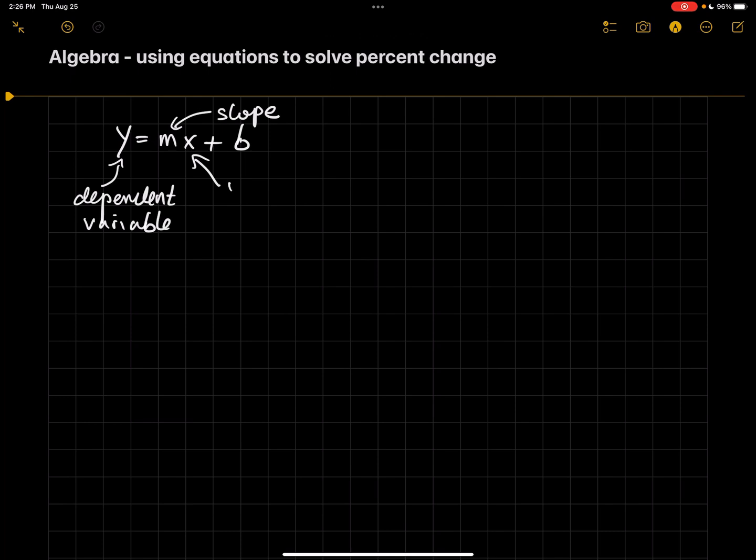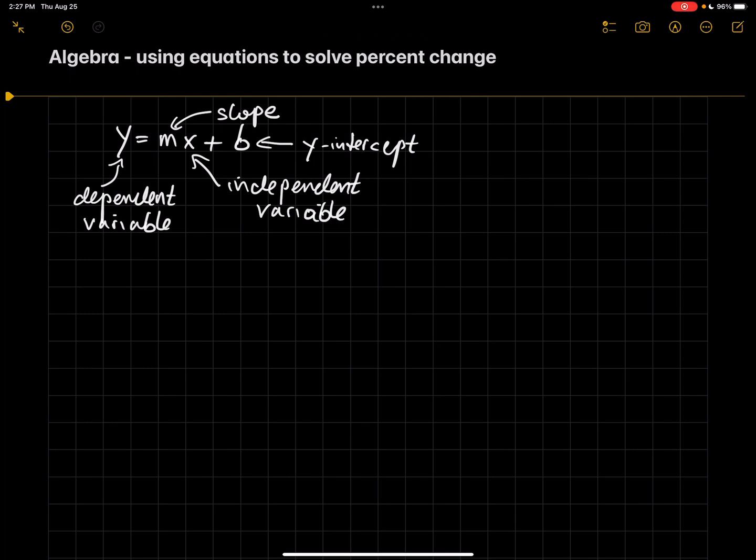X is what we would call the independent variable. And b is what we call the y-intercept. So for right now, don't worry about these terms of slope and y-intercept, but instead think about the y and the x term, the dependent variable and the independent variable.